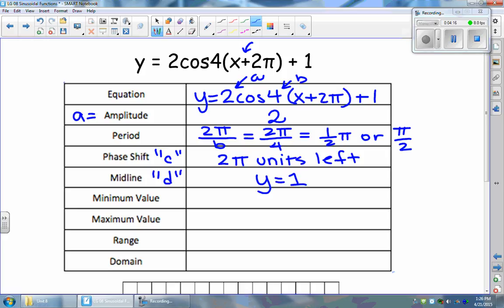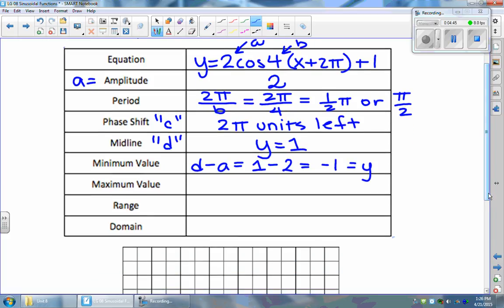And we can easily calculate our minimum and maximum values using our D and our A values from the equation. So our minimum value is going to be our midline minus A. So 1 minus our A value, which is 2, which means that the minimum value is going to be at y equals -1.